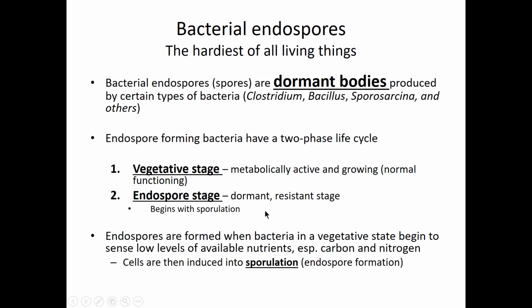What this means is that they'll be very difficult to kill in the endospore stage. And the way it works is that bacteria will alternate between the two states depending on what's happening in the environment. And it's usually the case that once the bacteria sense there's low nutrient levels, they'll essentially go into a process called sporulation, which causes them to transition from a vegetative to an endospore stage.